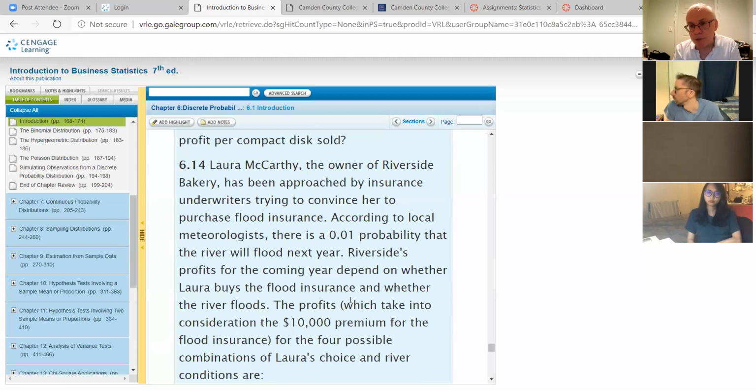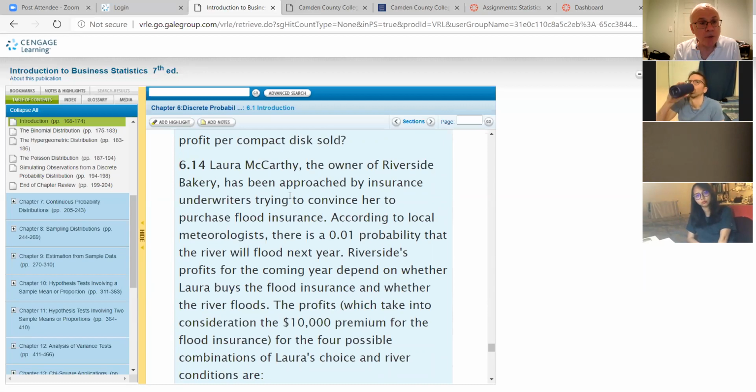You have expenses, and you're being asked to come up with a probability. They may ask about the expected profits. You know that revenue minus expenses is profits. So there are problems just like the one we're seeing right here.